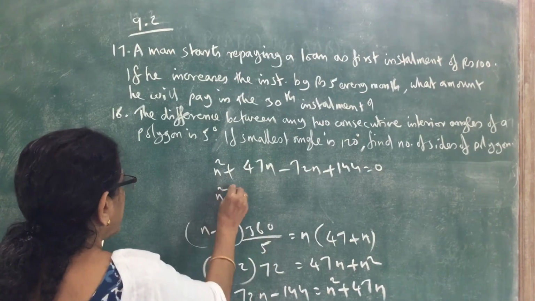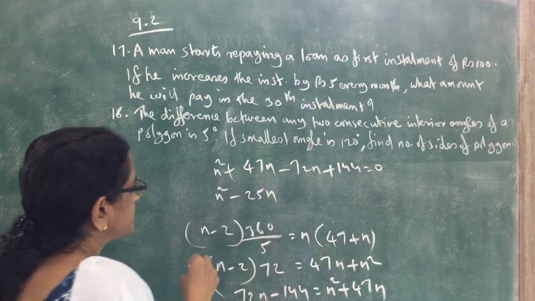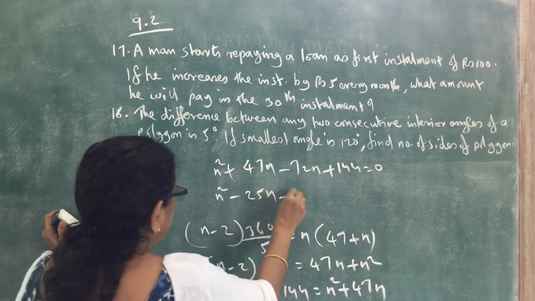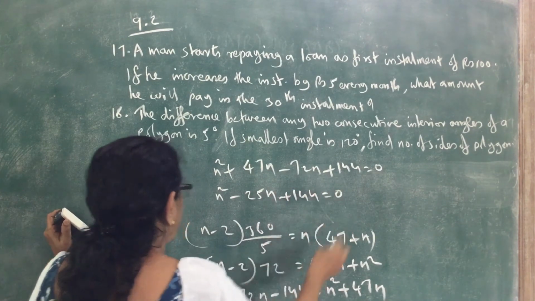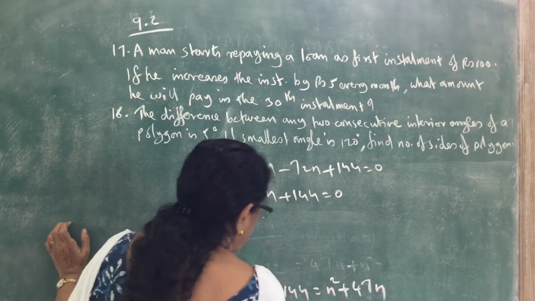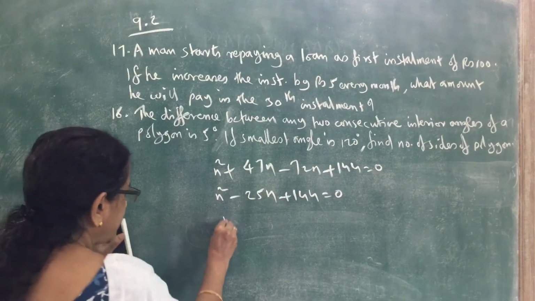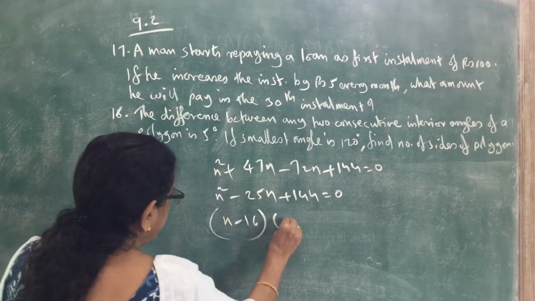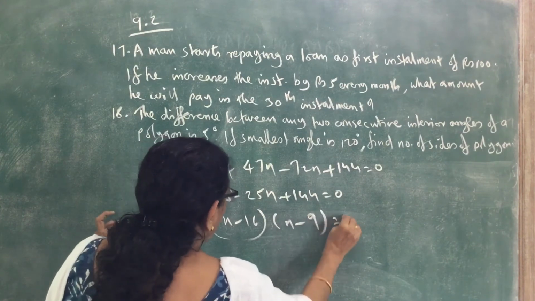So n square minus 25n plus 144 equals 0. That is n minus 16 into n minus 9 equals 0.